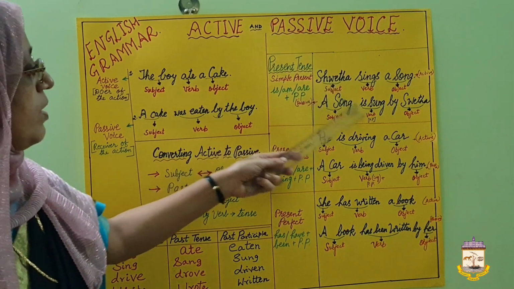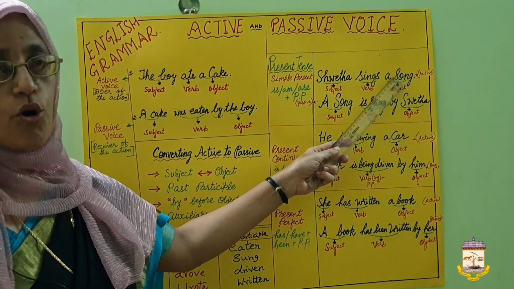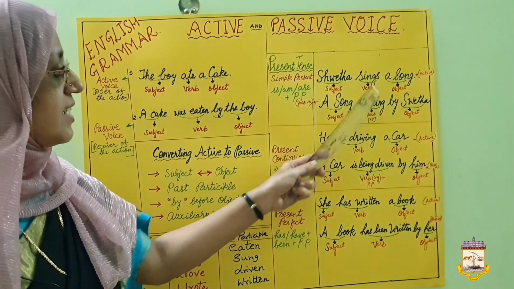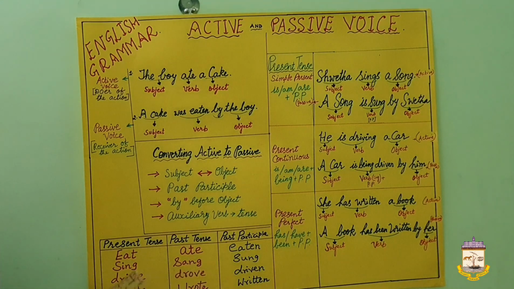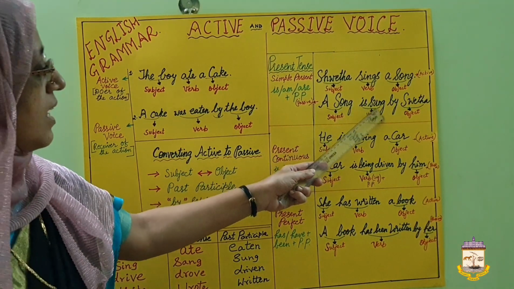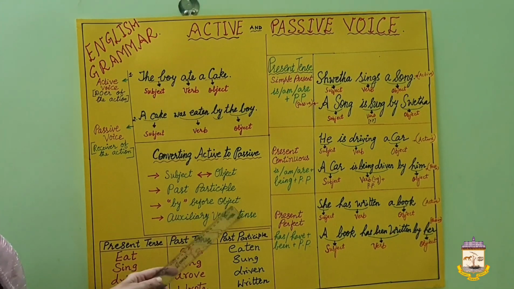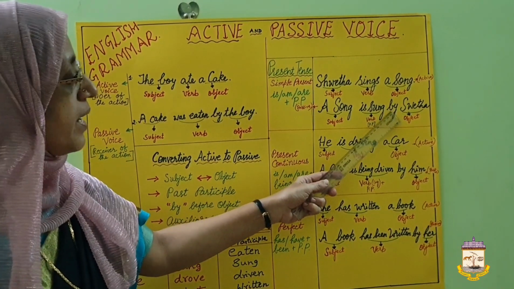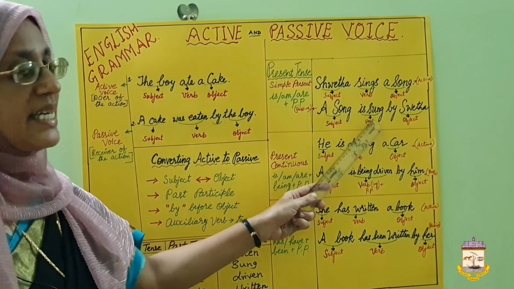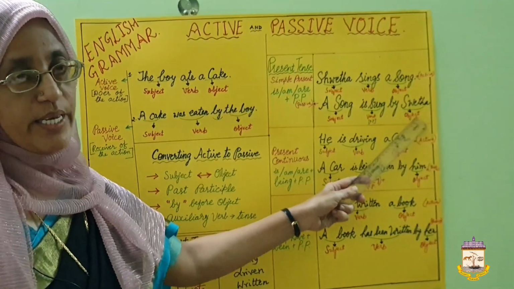So Shweta will become the object and song will become the subject. A song is, the past participle form of sing is sung. So a song is sung. By should be used before the object. So you are using by before Shweta, which is the object. So, a song is sung by Shweta.